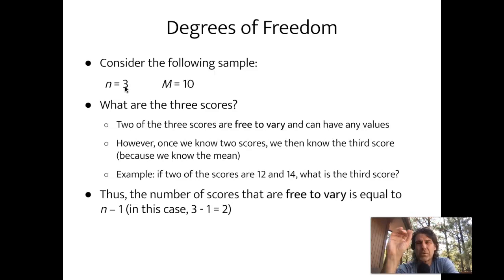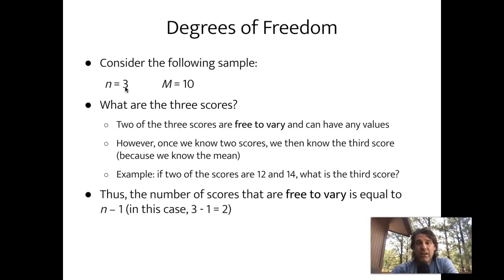I'm going to use those 3 scores to try to estimate that population standard deviation. However, I don't know the population mean. What I'm going to need to do is calculate the sample's mean and use that in its place. Because, again, a sample mean is an estimate of a population mean, just like a sample standard deviation is an estimate of a population standard deviation.